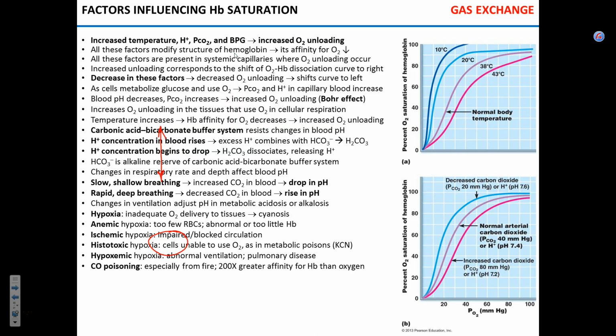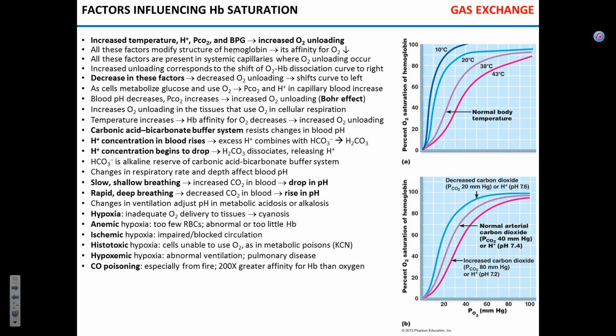So far, good. Now, let's talk about the physiological factors that lead to increased or decreased unloading of oxygen. I intend to spend a little bit of time on that.